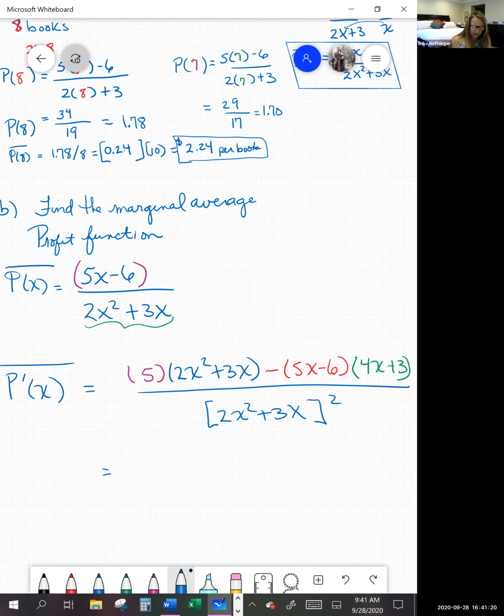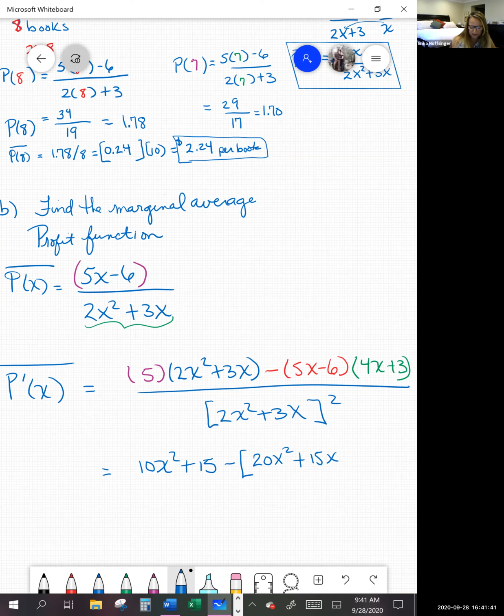So let's distribute the 5. We get 10x squared plus 15x minus, we've got to be careful here because that negative is going to need to distribute later, so let's put a bracket. 5x times 4x is 20x squared. 5x times 3, so that's plus 15x.